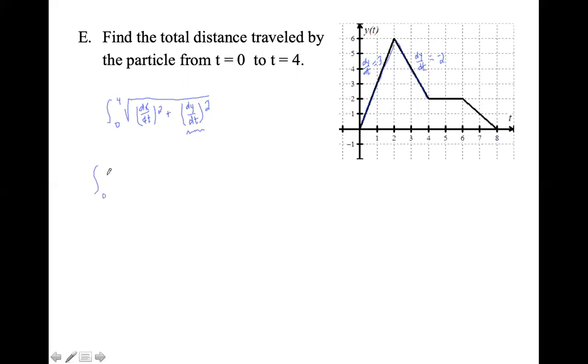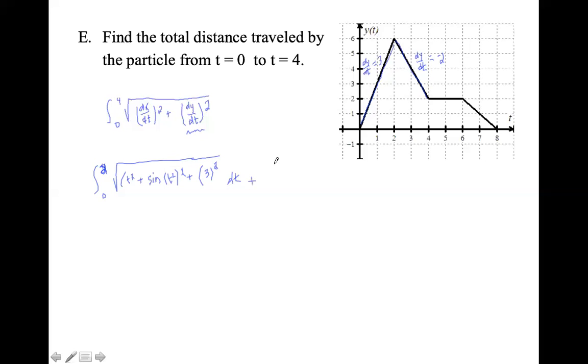First, I have the integral from 0 to 2 of the square root of (t squared plus the sine of t squared) quantity squared plus, and again, dy/dt in this stretch is 3, squared, dt.